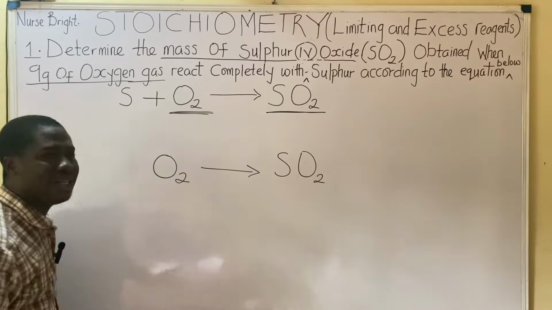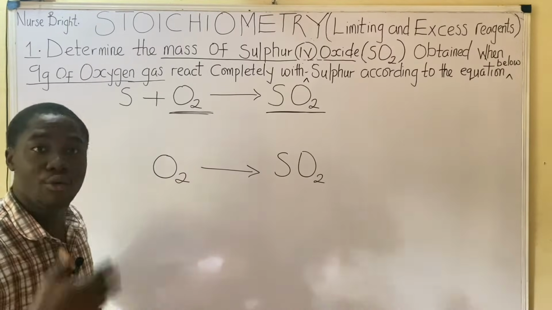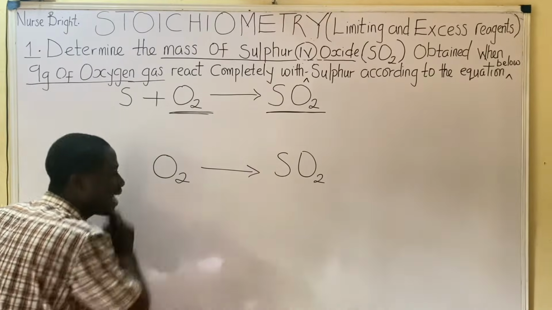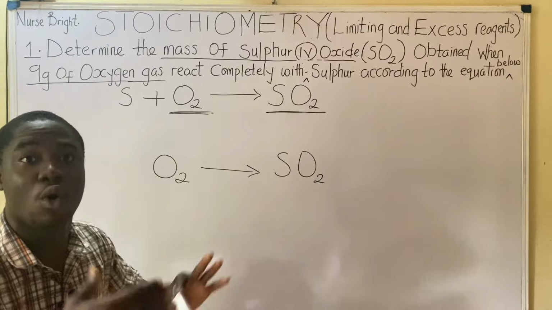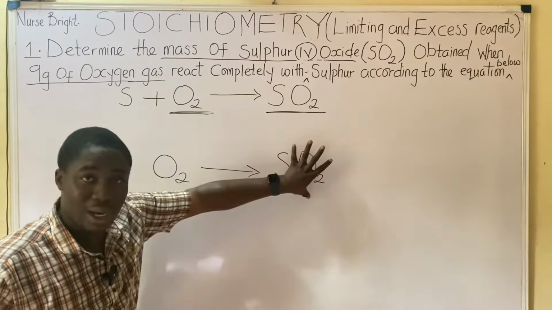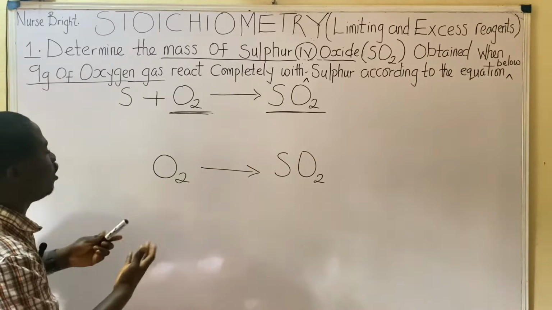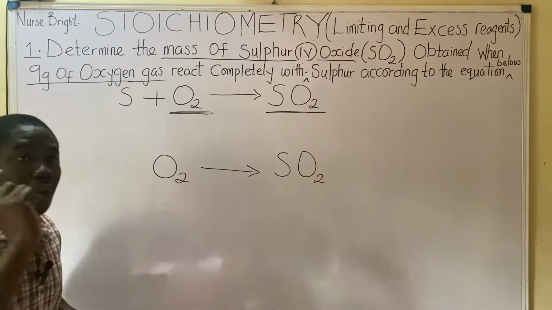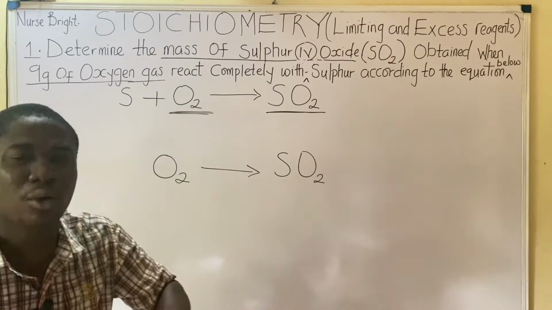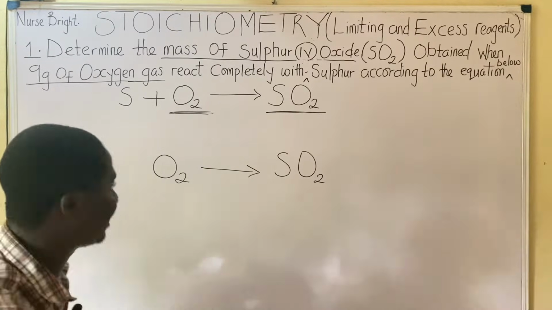Then you write out their mole ratios, according to what you are seeing standing in front of the element or compound. Because this is an element, this is a compound, or you can call this a molecule as well. So for the numbers of moles standing in front, whenever you are not seeing anything standing in front of it, be it an element or a compound or a molecule, you take it to be 1. I believe you understand that.